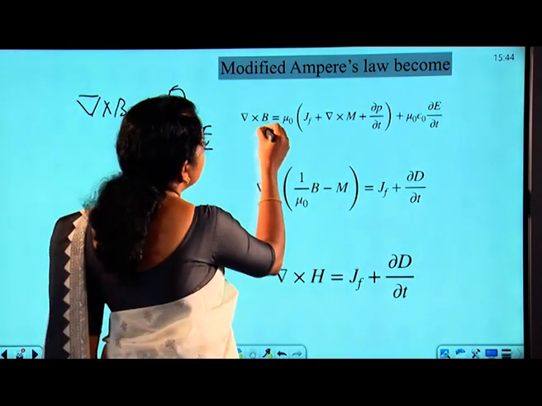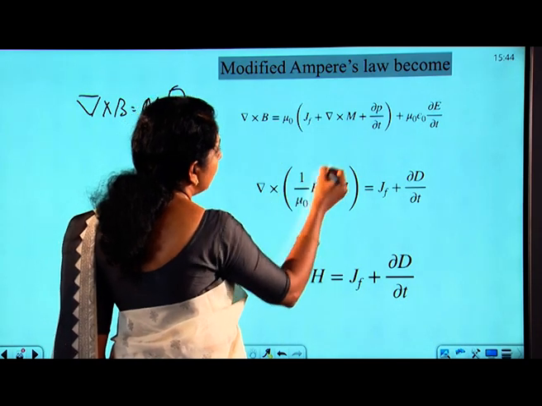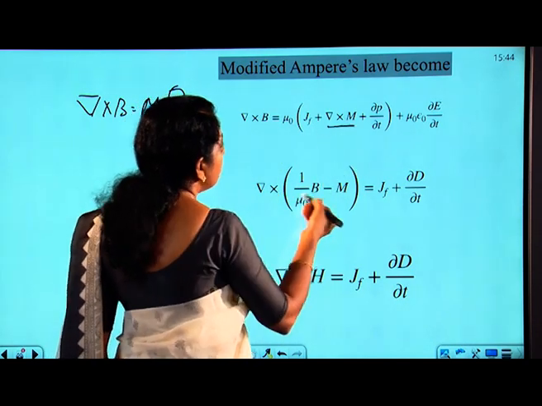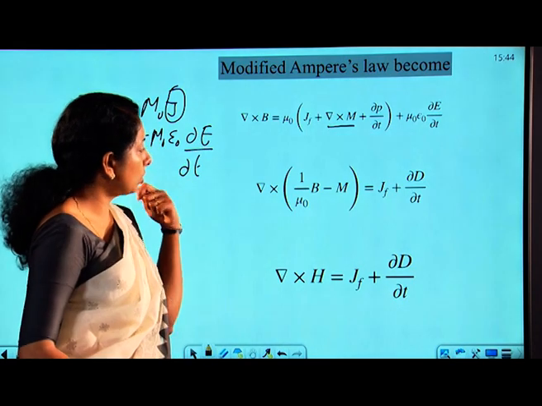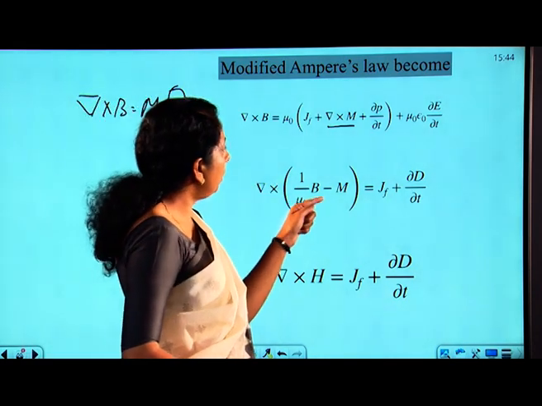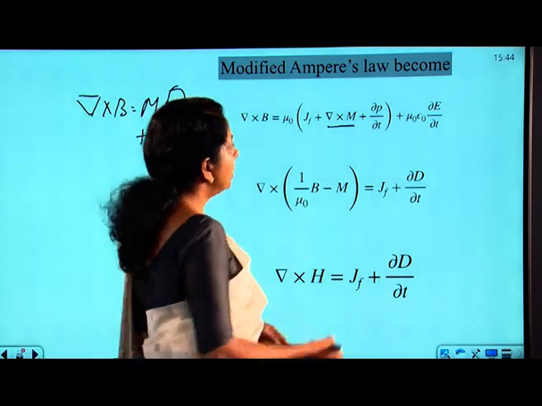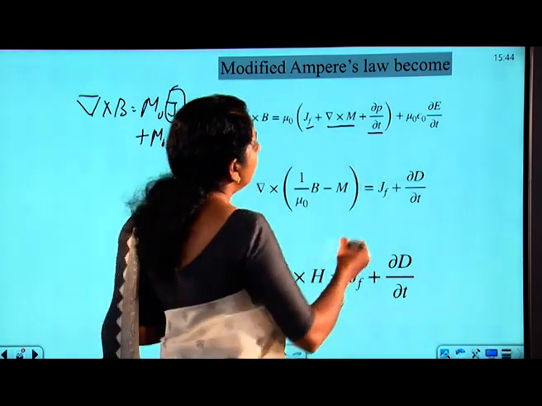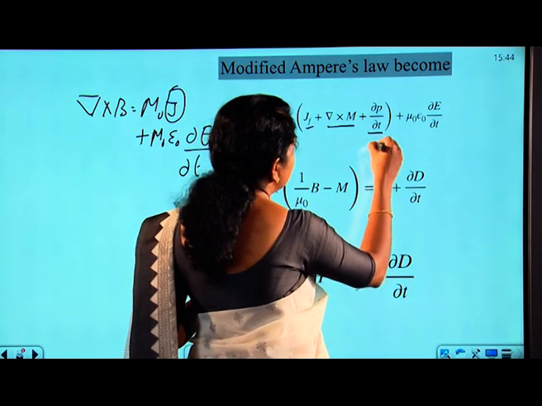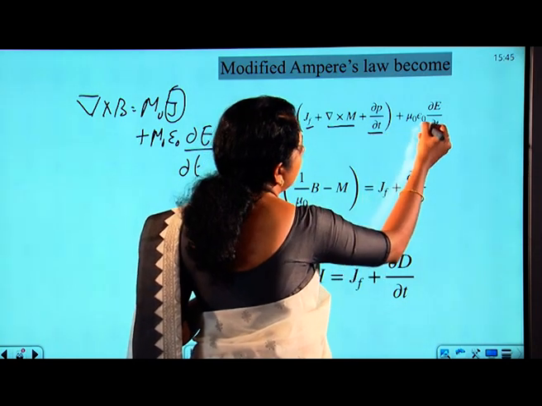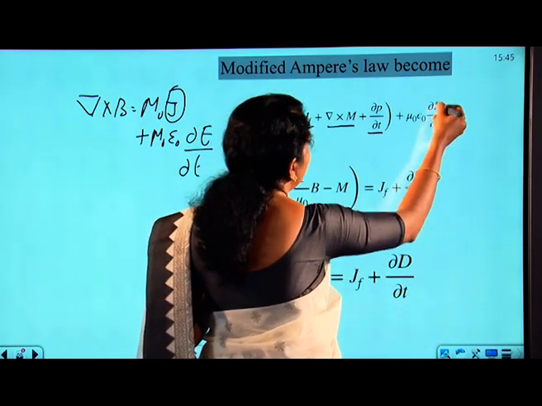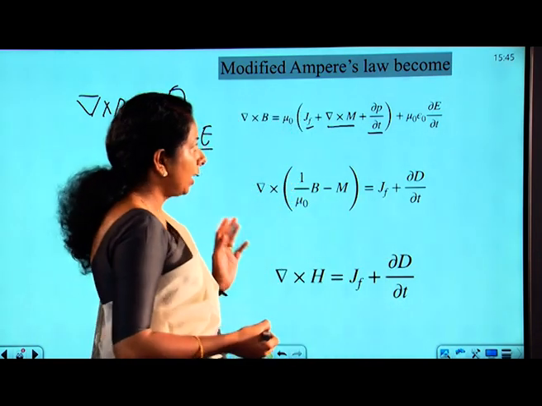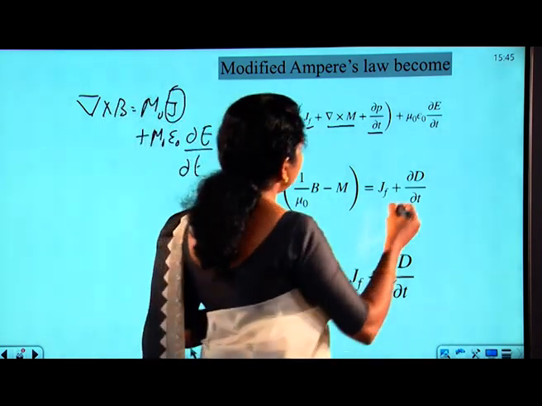So, 1 by mu 0 B minus, because we are taking this del cross M to the left side, del cross is common. So, del cross of 1 by mu 0 B minus M is equal to what is remaining: Jf plus del P by del t plus mu 0 epsilon 0 del E by del t, and we collect these together.